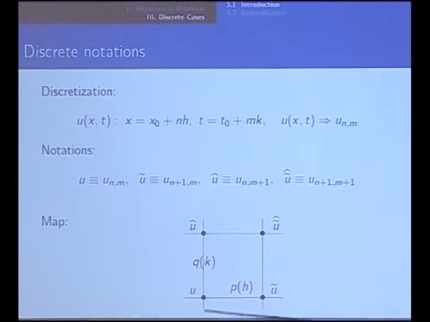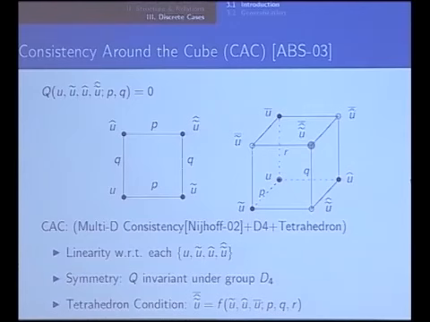And we need some notations: tilde for the n direction shift and hat for the m direction shift, and we also use tilde-hat. Consistent around the cube.